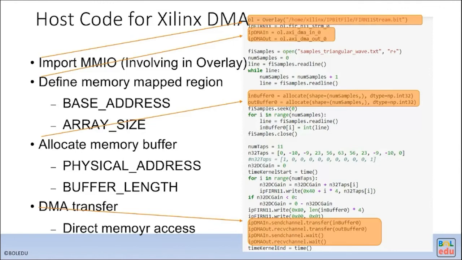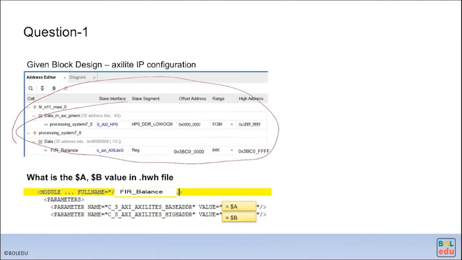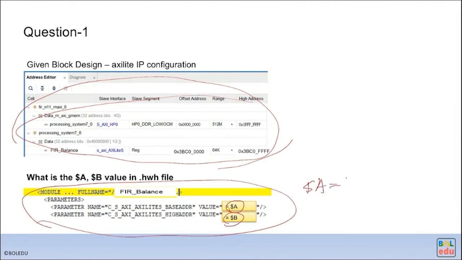Yes, yeah. So there's a very simple question here you can try to answer. Given the block design with this information, then in this JSON file, what do you expect for these two numbers, A and B? Can you try to answer?